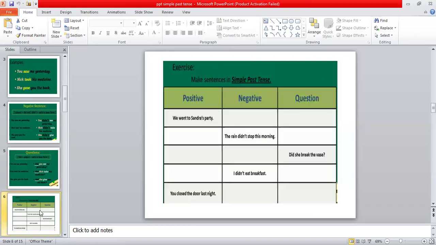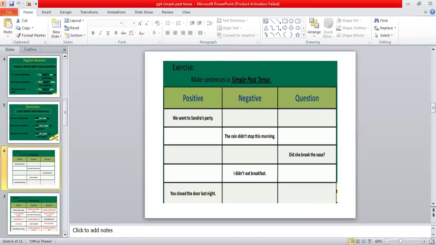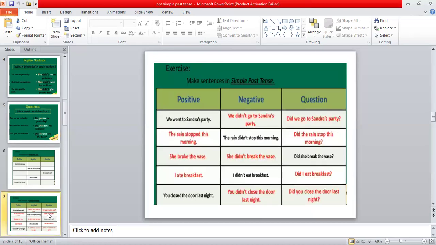Here we have some sentences, for example "We went to Sandra's party," which we have to change into negative and interrogative sentences. In the positive sentence, the past form will be used, and in the negative and interrogative sentences, we will use did with the first form of the verb.